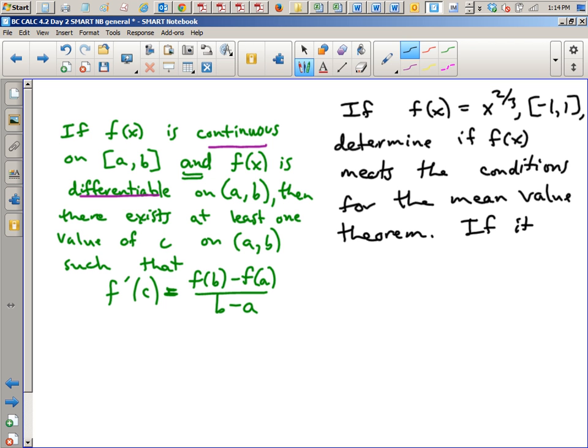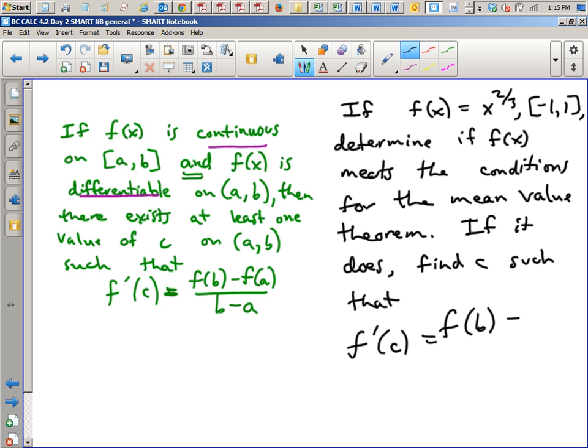If it does, find C such that f prime of C is equal to f of B minus f of A over B minus A.